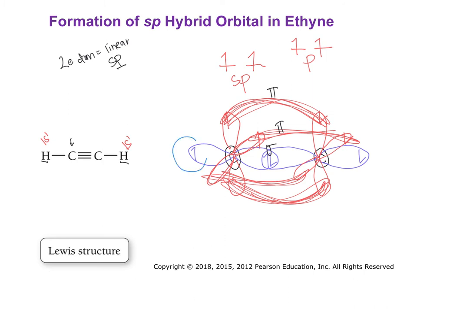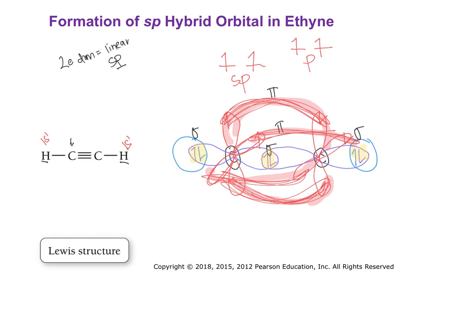It has an s orbital for our hydrogen, and it's going to have opposite spin. So we have sigma bonds there with that overlap. So we can see here's our sigma bonds with that direct overlap, and then here's our pi bonds, one pi bond and a second pi bond.